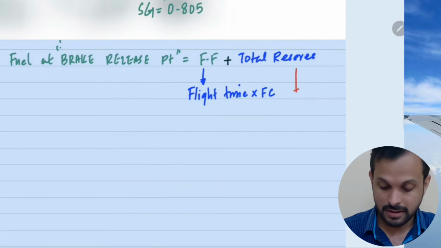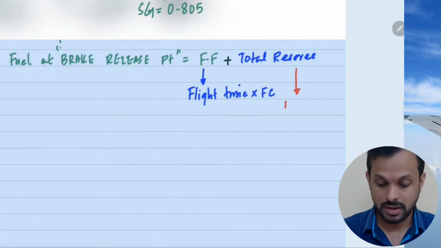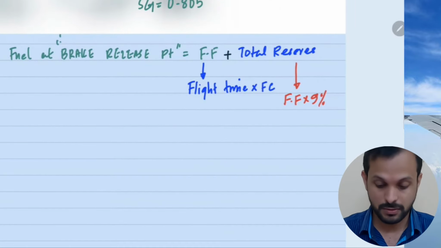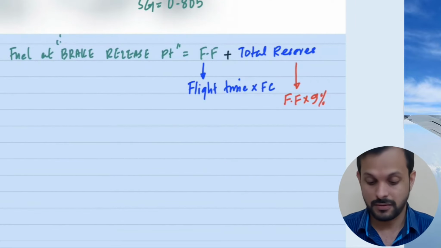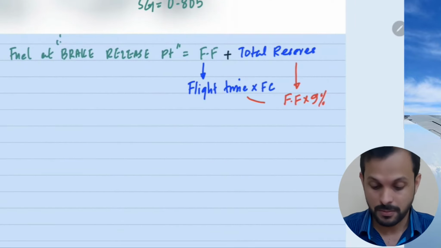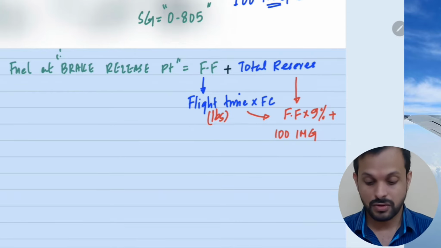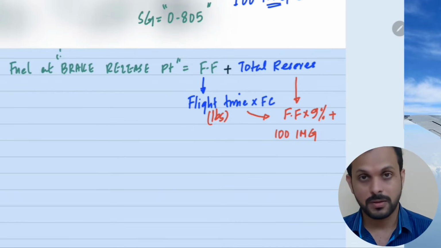And the next catch is with the total reserve. So total reserve is basically the flight fuel, which is the burn of fuel, reduced to 9% of it, so 9% of burn of fuel. So again, you have to find the flight fuel from flight time and fuel consumption, plus you have 100 Imperial gallons there. Remember, the fuel consumption is in pounds, and you're trying to add it with Imperial gallons here, which is not possible.